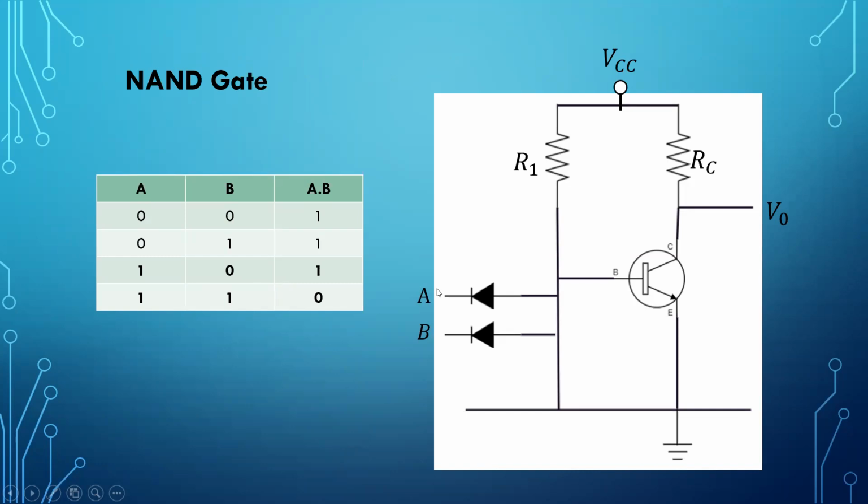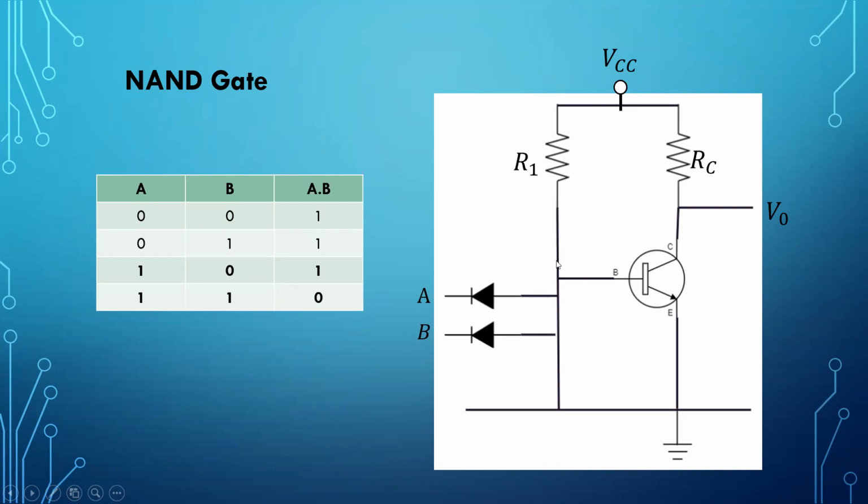Now, for example, if both the inputs are low, what will happen? Either both or at least one of the diodes will be conducting, so that diode will be conducting and this circuit will complete from here.